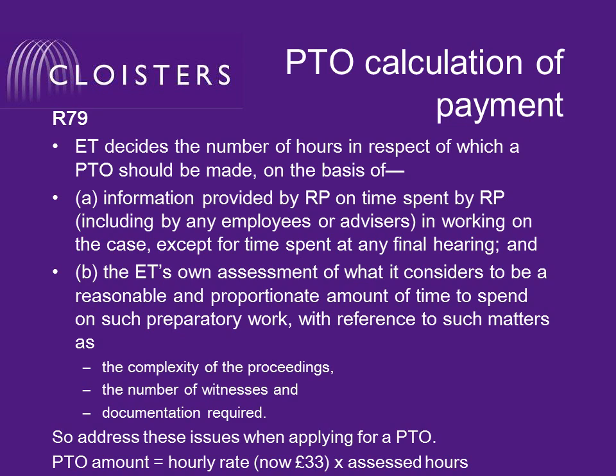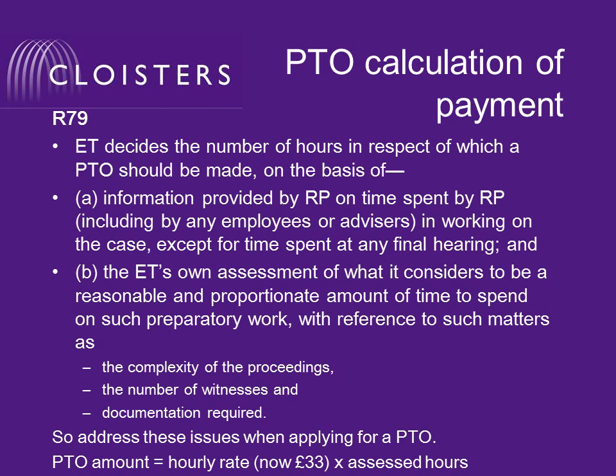How do you calculate a preparation time order? Well, essentially, a preparation time order is the hourly rate times the assessed hours. And Rule 79 deals with the approach to assessed hours.